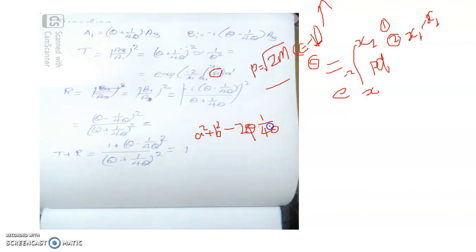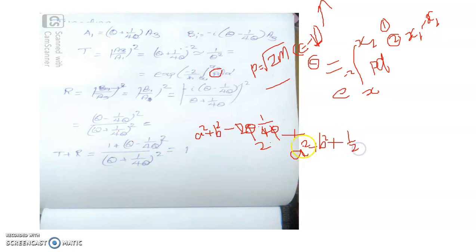Theta vanishes. You have 2 and 4 making it 2 in the denominator. Now this is A square plus B square minus half, plus 1 is here. That is A square plus B square plus 1 minus half, that is, plus half.